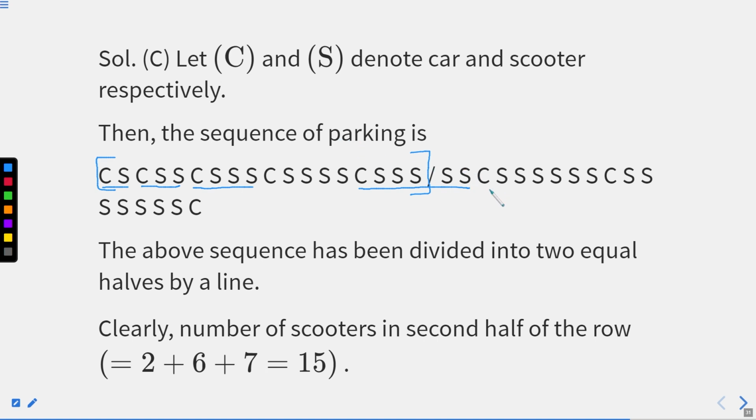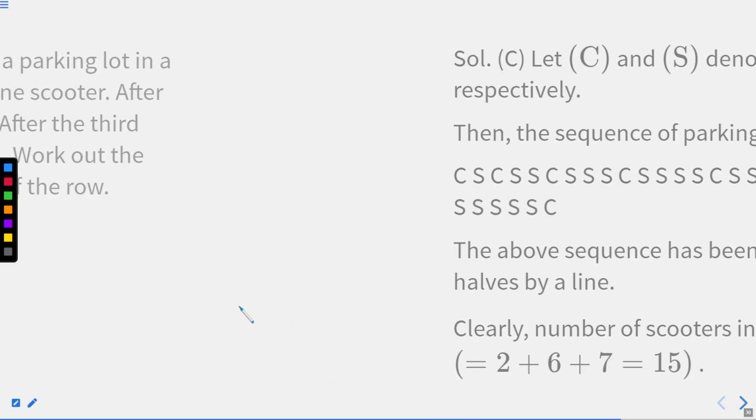So here we have a car and how many? 6 scooters, then a car and 7 scooters, and then a car. So here we have 2, here we have 6, and here we have 7. If we add 2 plus 6 plus 7, we get 15. So a total of 15 scooters are there in the second half, right?